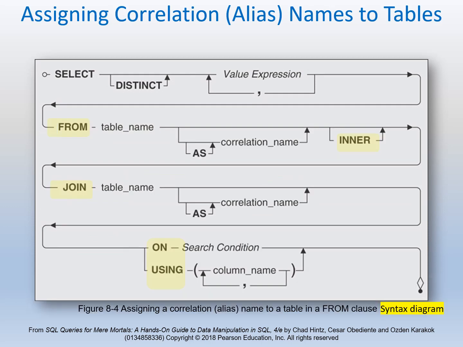We have used column aliases in our simple queries, but now that we are joining tables, which means our select statements will involve two or more tables, it is to our advantage to also use aliases for our table names. It's the same as we did for our column names, we will do for our table names. The key word is AS, after the table name, followed by the alias name, or as in this syntax diagram, the correlation name.